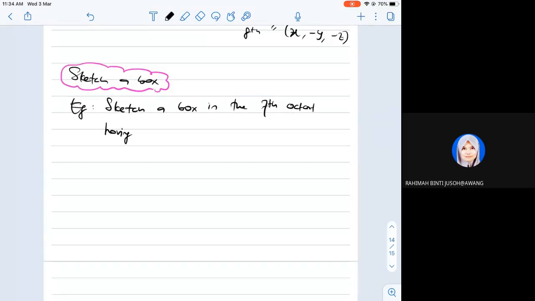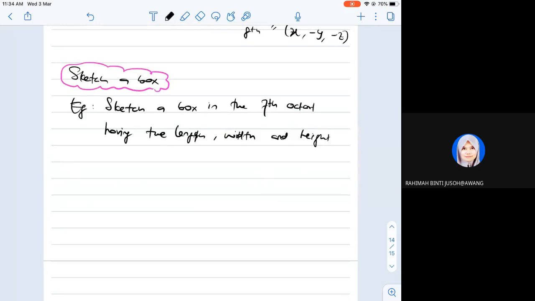Having the length, width, and height. Let's say, give me 3 numbers, 1 to 9. 3 nombor guys.